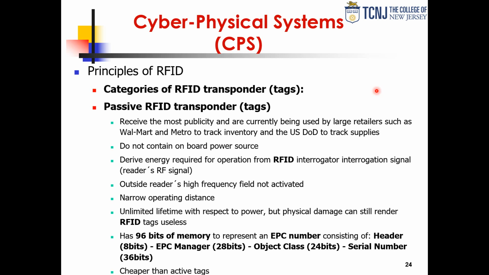The reader basically grabs it off the RF signal, decodes it, and now it has the ID. Now all that happens in very few milliseconds. Looks like a lot of activity, but it all happens in milliseconds.